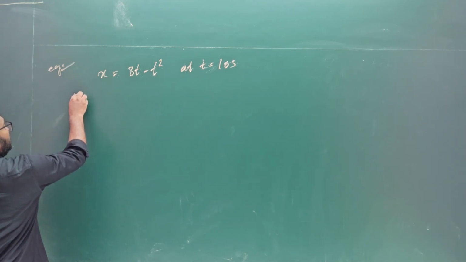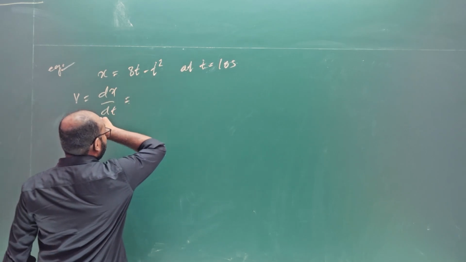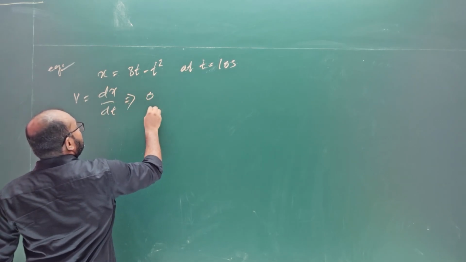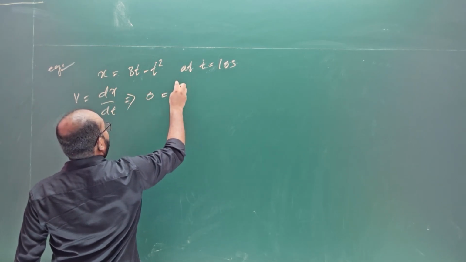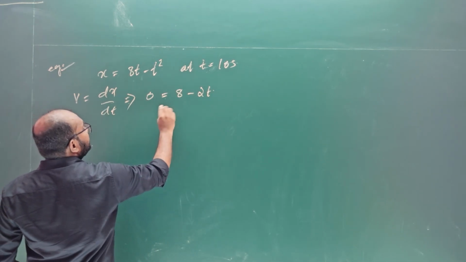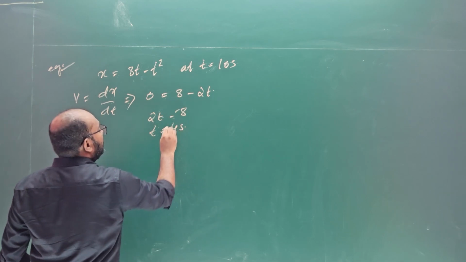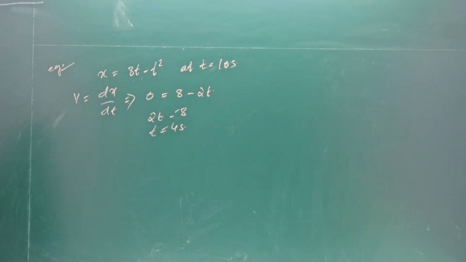So v is equals to dx upon dt, which is equals to 0, so 0 is equals to 8 minus 2t, or 2t is equals to 8, t is equals to 4 seconds. How many of you got this answer? Very good, very good.